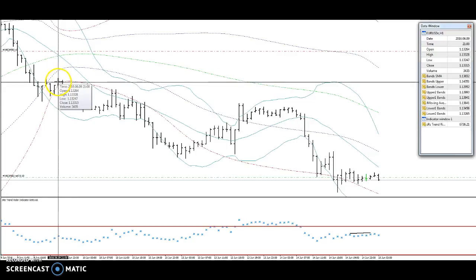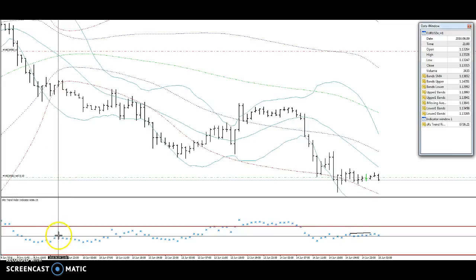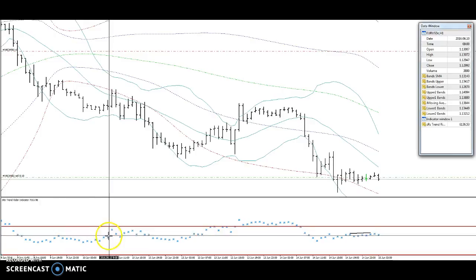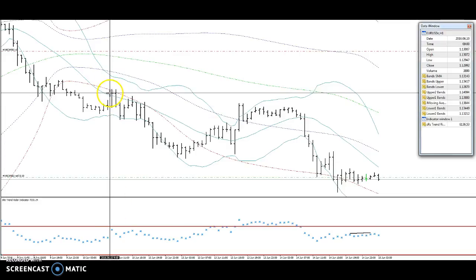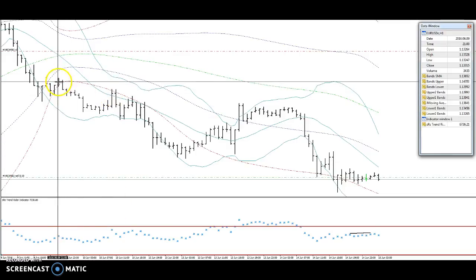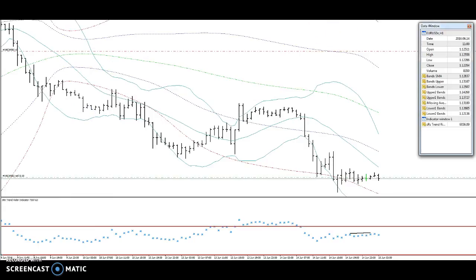This was the close and my indicator value was here, and then at this point another peak has formed, which is a lower peak than this one. So we have a down slope here, but the indicator is suggesting a different scenario. The indicator has gone up, so this is a divergence scenario.